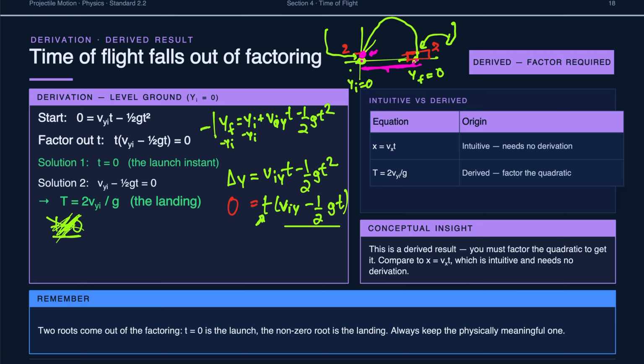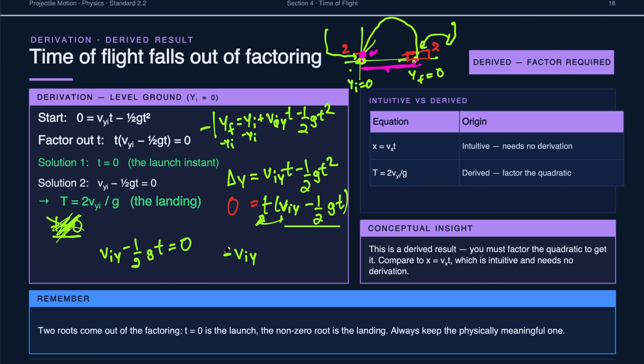So that means it's probably the other solution. I can set this equal to 0: viy minus 1/2 gt is equal to 0. So I subtract viy on both sides, and then divide by 1/2 g.